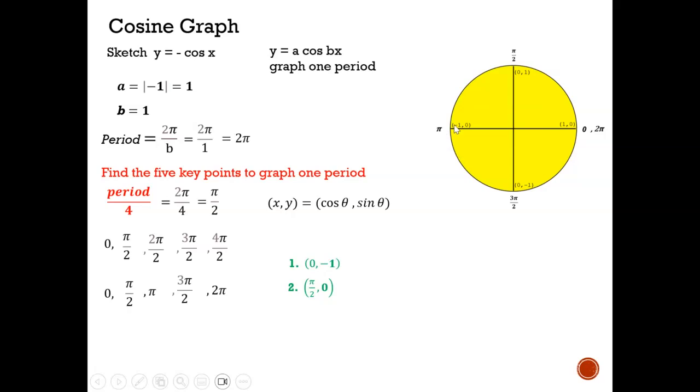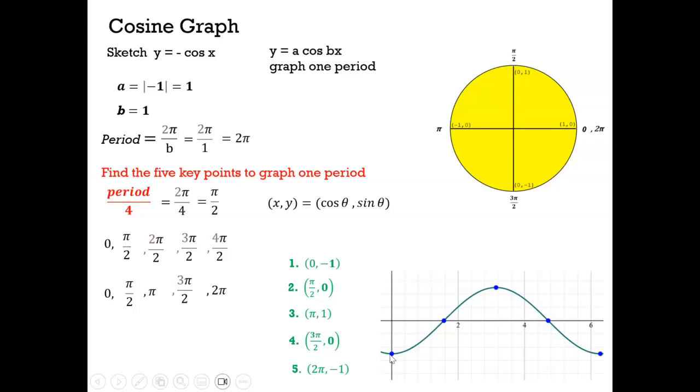At pi the cosine is negative 1, but negative times a negative becomes positive, so it'll be 1. At 3 pi over 2 it is going to be 0. And at 2 pi it is going to be negative 1, again because the cosine is 1, but 1 times negative 1 here at the beginning gives us negative 1.